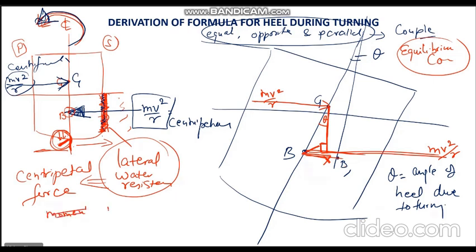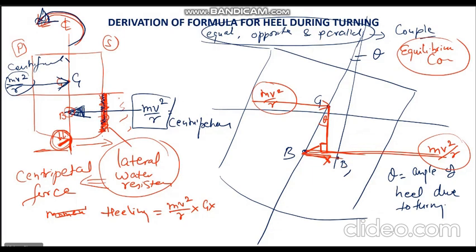Now the heeling moment in the equilibrium condition will be equal to one of the two forces, whichever you take, multiplied by the perpendicular distance between them, which is Gx. And from this right angle triangle, what do you get Gx equal to?